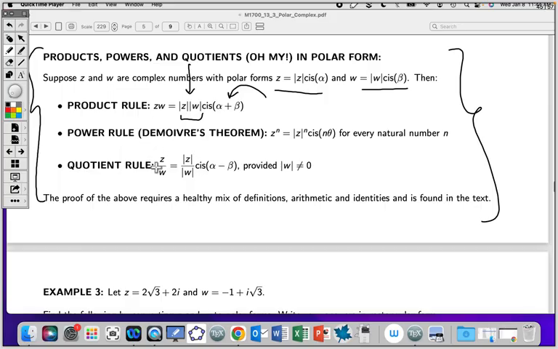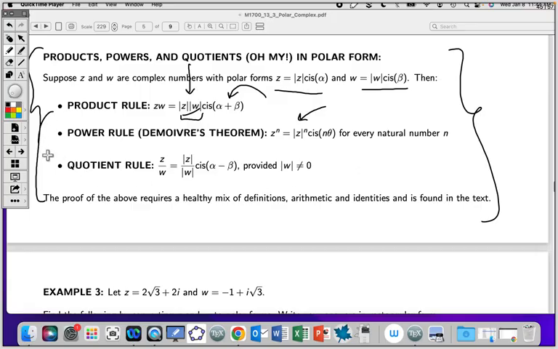De Moivre's theorem is the power rule. If you multiply something by itself n times, you're multiplying the modulus together n times, so you get the modulus to the nth power. And then you're adding the angle to itself n times, so you get n theta. So when you take the power of a complex number, you take the power of the modulus and you multiply the angle by n.